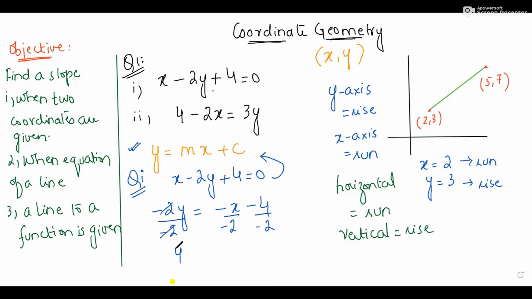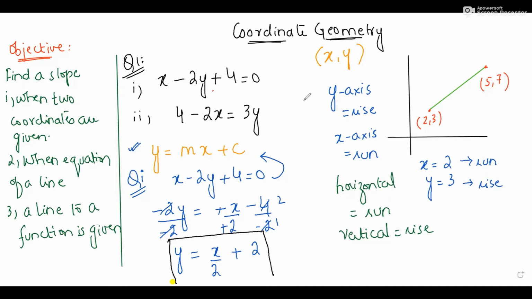So my final equation is y equals to minus, and minus will cancel each other. It will become positive x upon 2, and minus and this minus will become positive again. 2 ones are 2, and 2 times 2 is 4, so 2. So this is my equation.